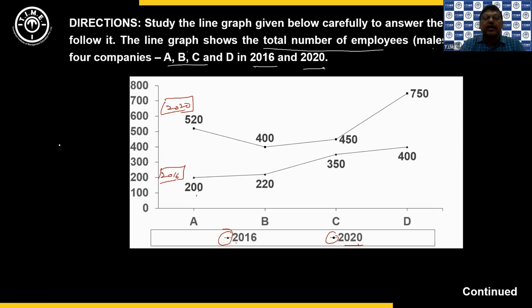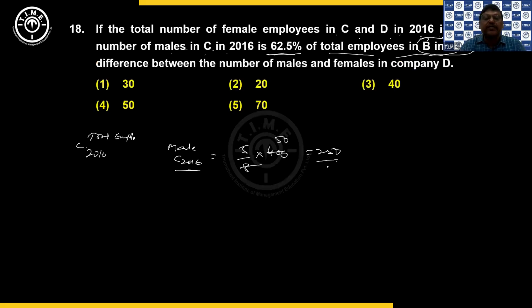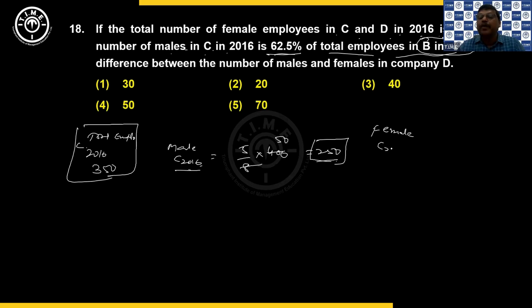I'm sure you can see the data, it is 350. Total employees is 350, male employees is 250, means what is female employees in C? Female employees in C in 2016 is 350 minus 250, 100.